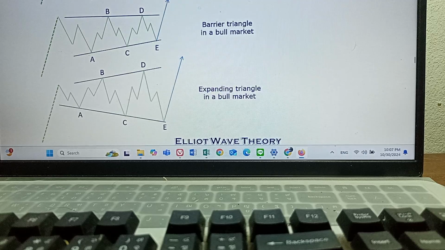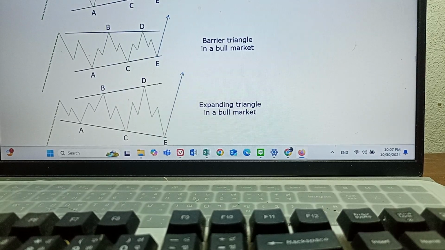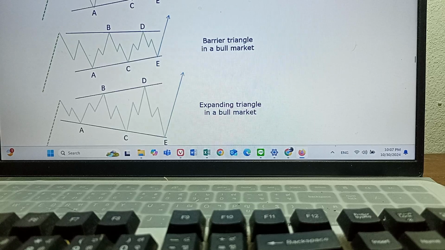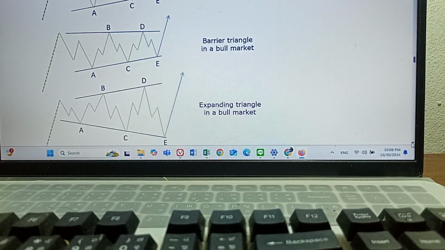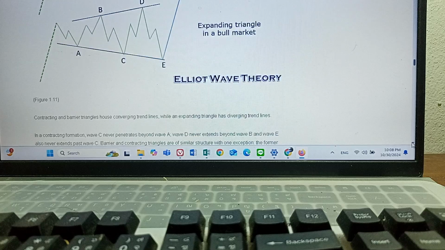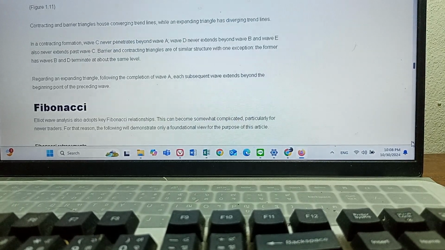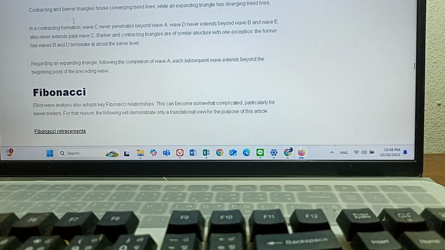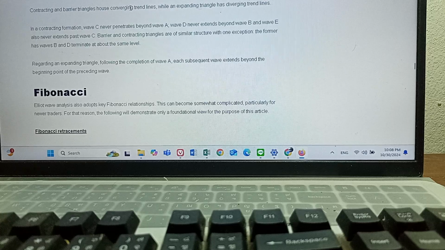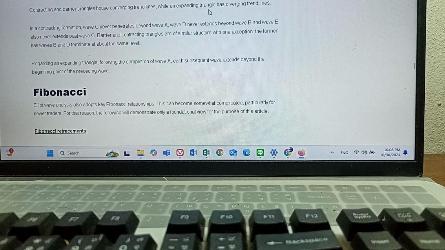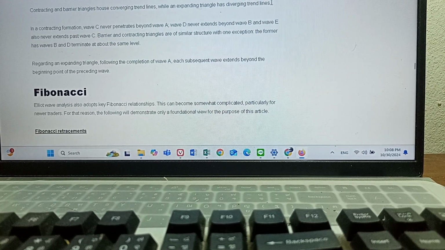Contracting triangle in the bull market. Barrier triangle, expanding triangle. Elliott Wave theory. Contracting and barrier triangles house converging trend lines, while an expanding triangle has diverging trend lines.